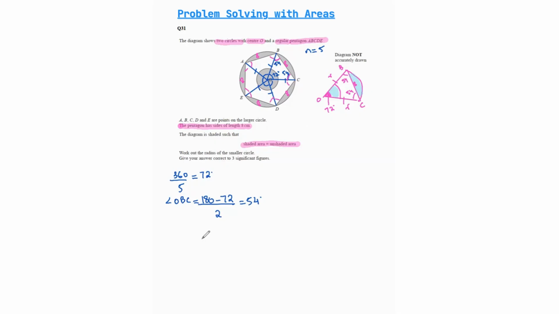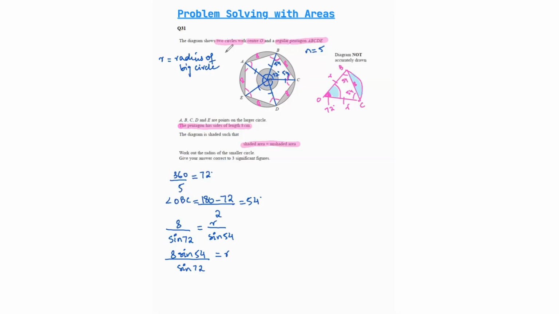So we're going to do 8 over sine of 72 equals to r over sine of 54. Yeah, let's do that. So let's find the radius of the bigger circle first. Let me write that. R is radius of big circle.